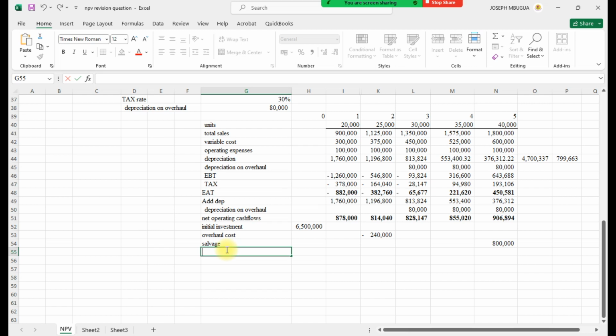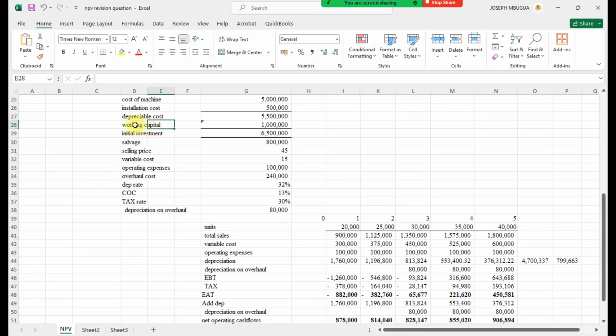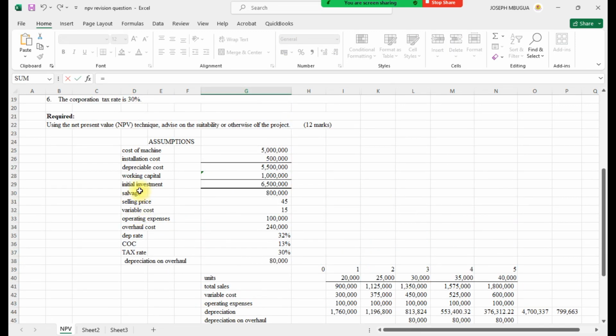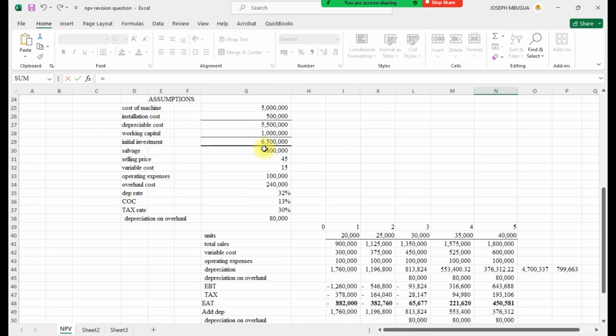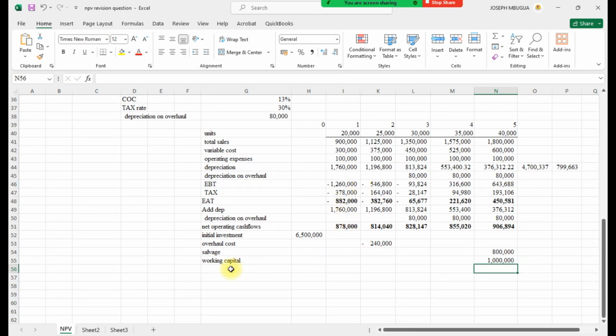So you can either call them terminal values and add the two, the salvage and the working capital, or you can just separate them as working capital and the salvage value, and we recover them at the end of our useful life, and you get your investment cash flow now.